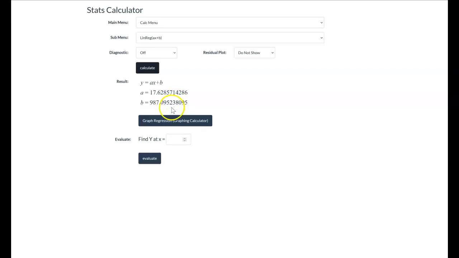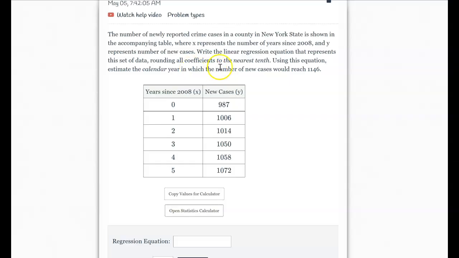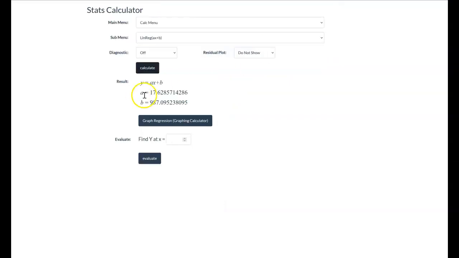All right, hit that button. And don't forget, we're going to round these coefficients to the nearest tenth. Okay, I think I said tenth. I'll double check that. Matter of fact, let me double check it right now. Yep, to the nearest tenth. So here you'll round this one to 17.6, and this one is 987.1.